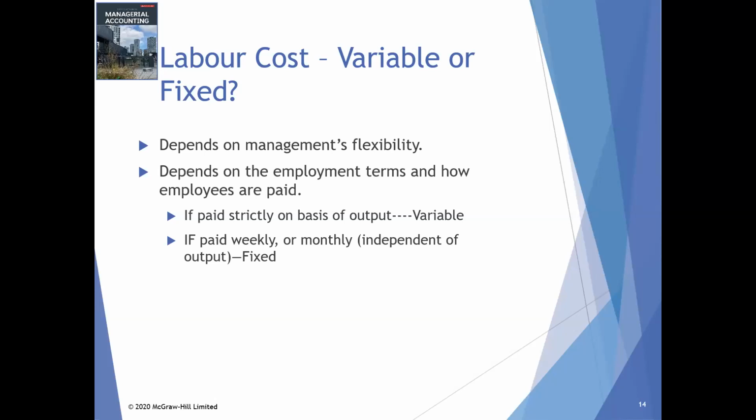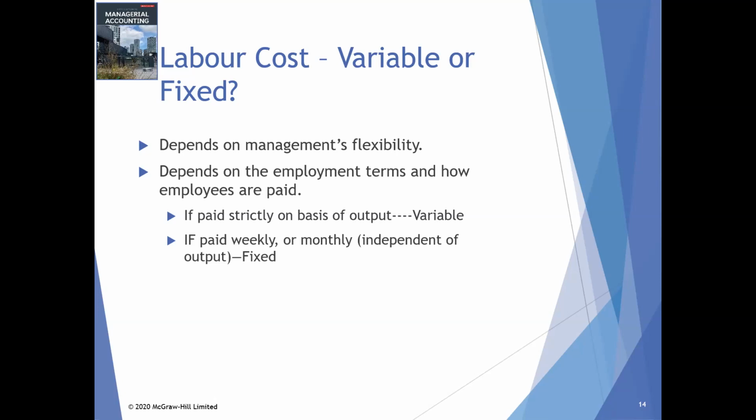So what is the meaning of this? It means the labor cost may be variable or may be fixed. Second, if paid weekly or monthly, independent of the output, there is no constraint about the output and number of units. No basis for that. Fixed salary. They may give a fixed salary, or for example, $20 for 1 hour.